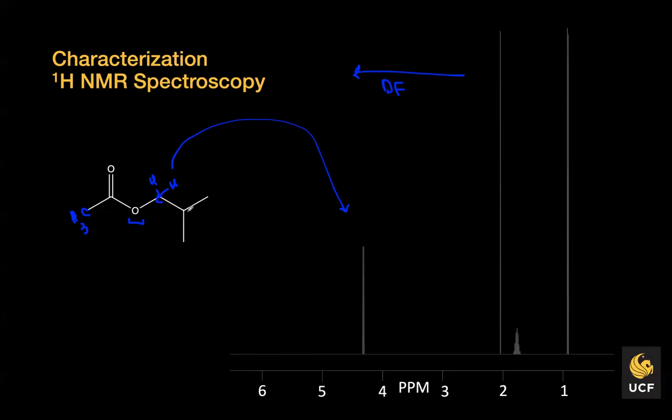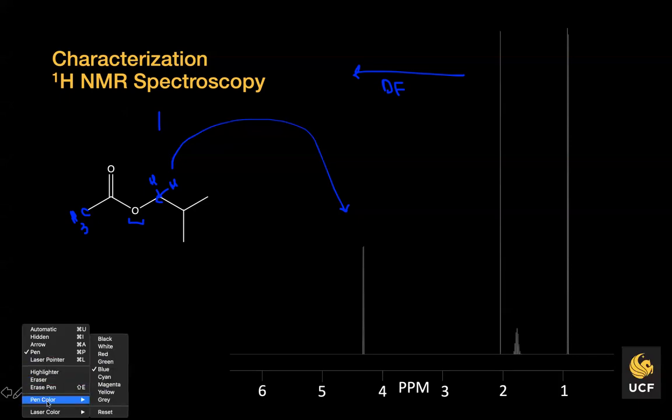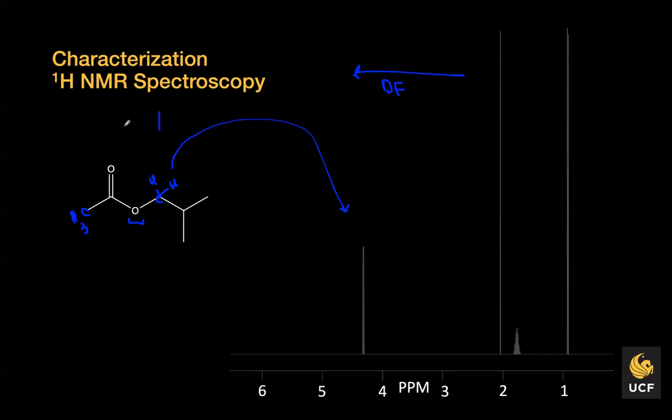Well, we could also identify it based on splitting pattern. So the peak is split based on nearby protons. If we take a look at those 2 protons on this carbon, those 2 protons will show a single peak. But that single peak will end up being split based on what's nearby. And that's when we use the n+1 rule, right?